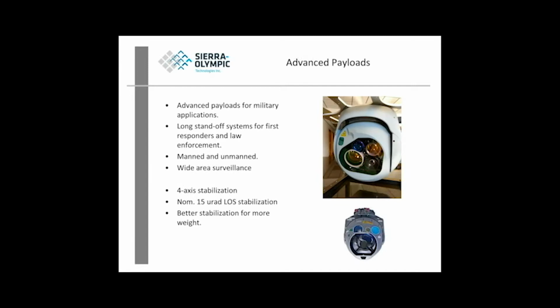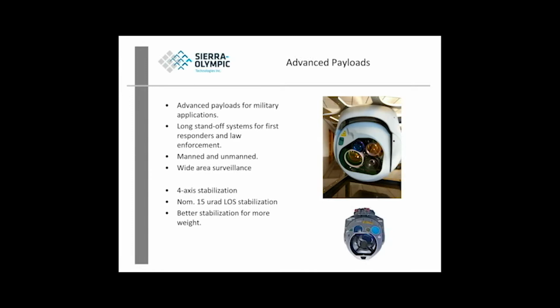So some of the advanced payloads that we've dealt with are mostly military, mostly designed to do ISR, intelligence, surveillance, and reconnaissance. Long standoff systems for the law enforcement, manned and unmanned, and then some wide area surveillance. 4-axis stabilization, 15 microradians line of sight, and as you get heavier and heavier, your stabilization gets better and better, mostly due to inertia.